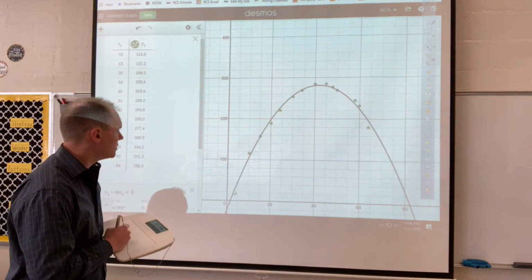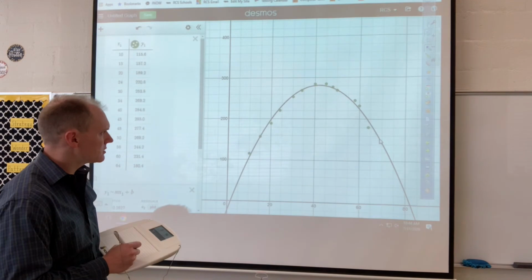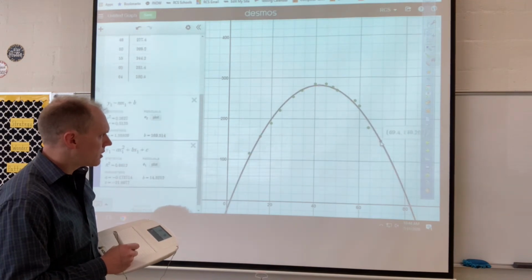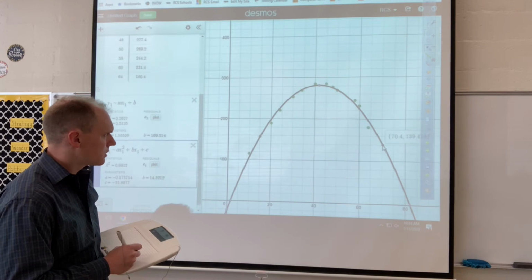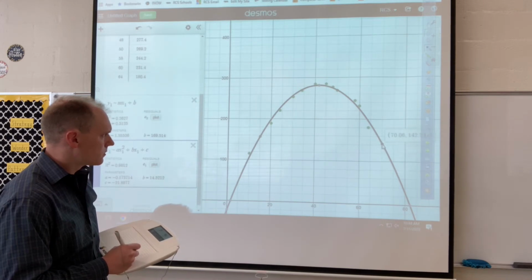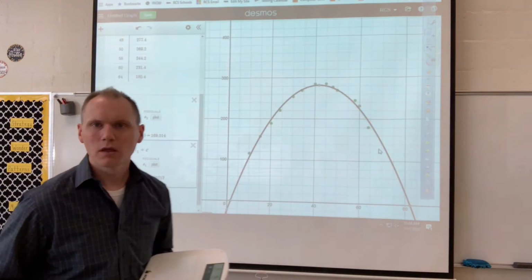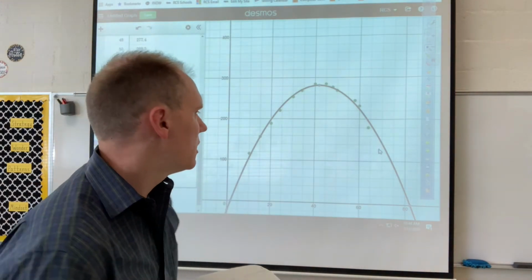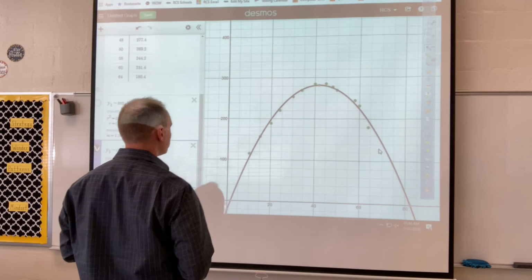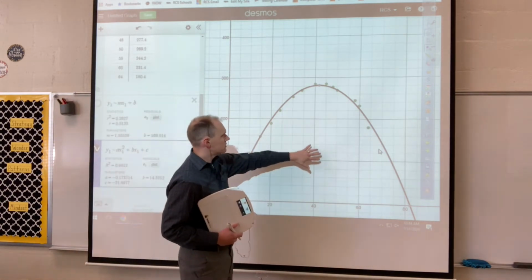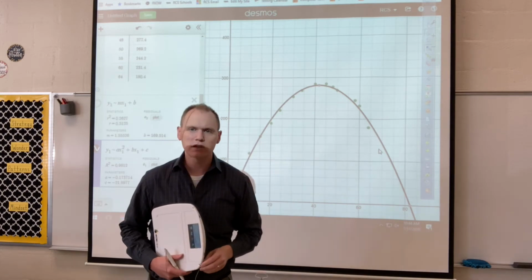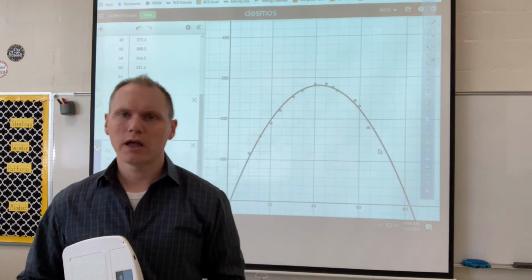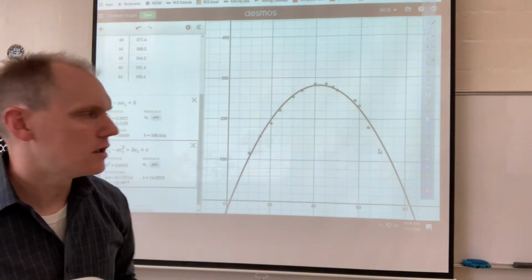Well, we can use this function to predict. I'm going to go down here to 70. 143. So 143 would be the distance. I think it's in feet. Well, actually, it's probably yards. 143 yards is how far it would fly at an angle of 70.